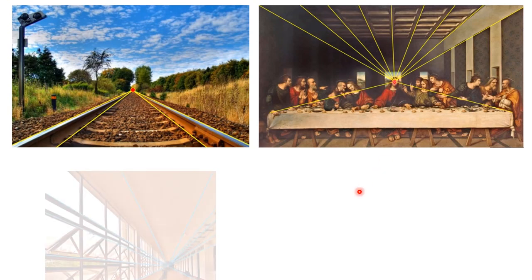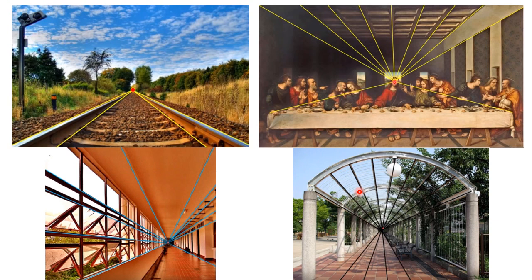Let's take some more real life examples. In all these pictures, real parallel edges appear to be converging to a single point. This is actually the concept of perspective projection.